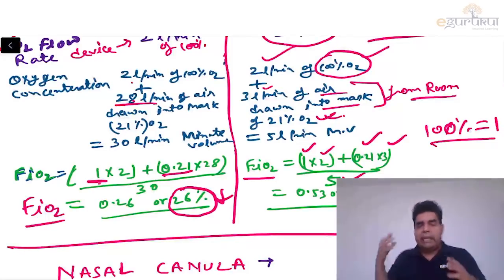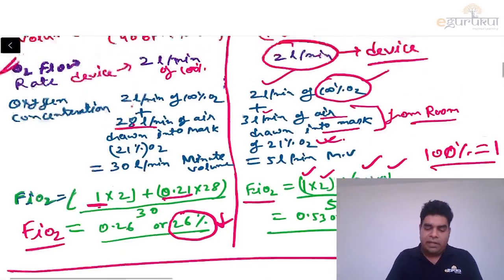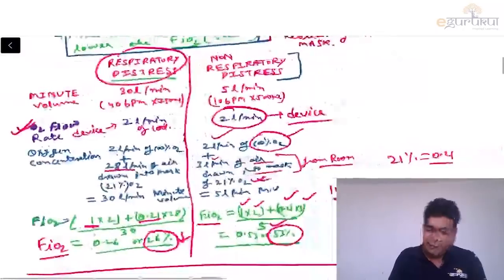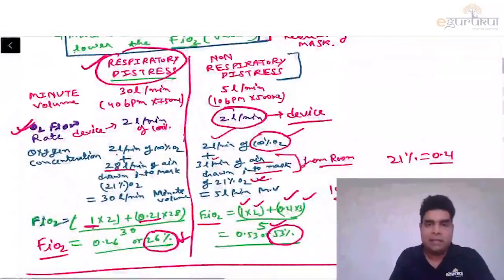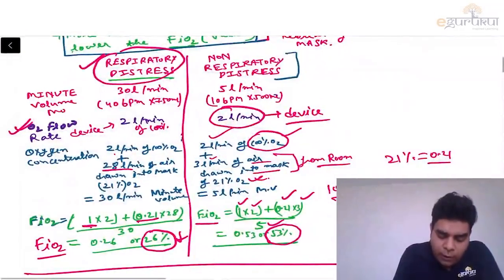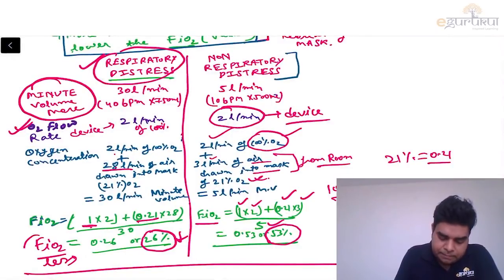That is why we need to use some devices to prevent the respiratory distress, because in case of respiratory distress, the minute volume will be more and FiO2 will be less.